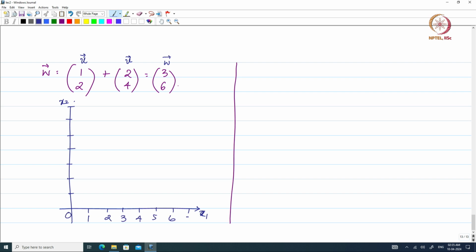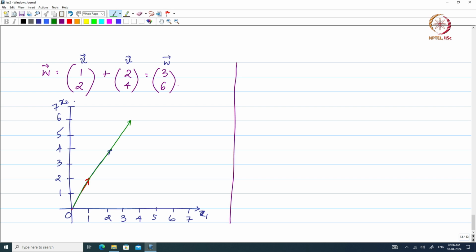Let us again draw those two vectors. The 1, 2 vector is basically here, and the 2, 4 vector. It is interesting to see that the 2, 4 vector is also along the same direction. And what is even more interesting is that the vector 3, 6 is also along the same direction.